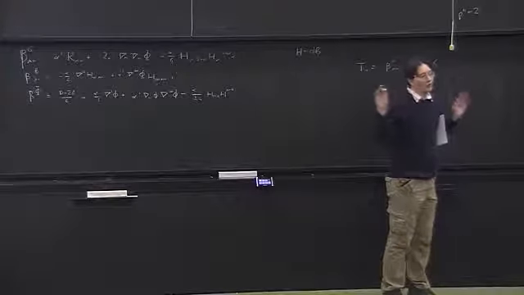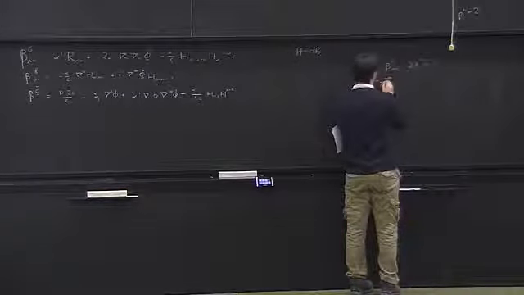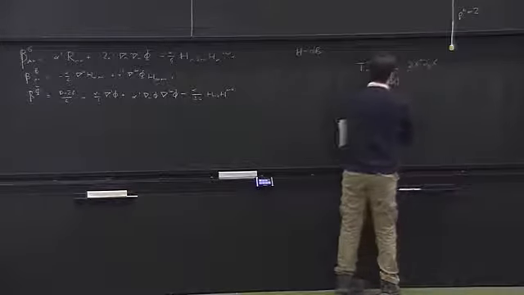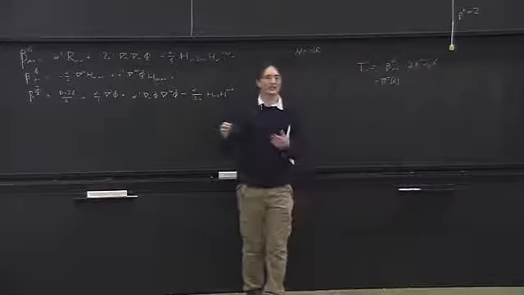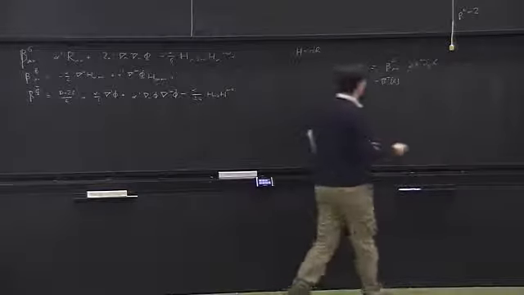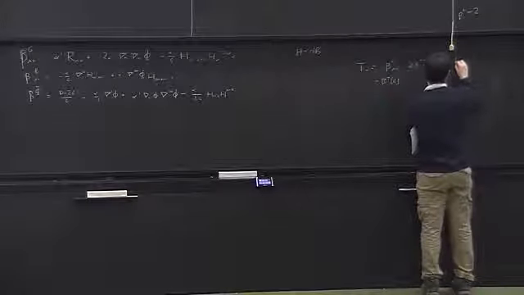But we are omitting the tachyon for a moment. So there is a tachyon, which contains relevant operators like x squared, x cubed, x to the fourth, and so on. And then there are the ones that correspond to marginal operators.